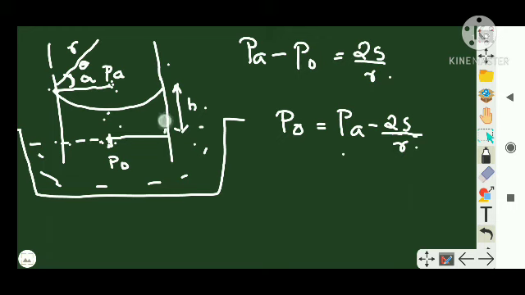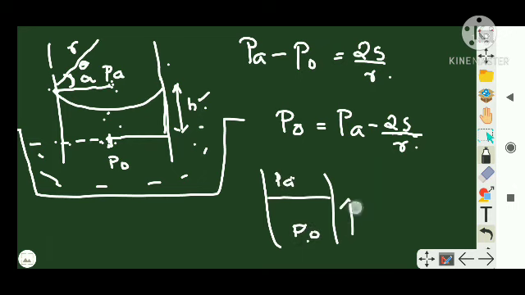So the level will rise till a height h, so that this h causes a pressure h rho g, which is equal to 2S by R. If you didn't understand, I can take it in a different way. You have learned in the case of a liquid surface, if this is the pressure below and this is the atmospheric pressure, and this is the height, the difference is written as h rho g.